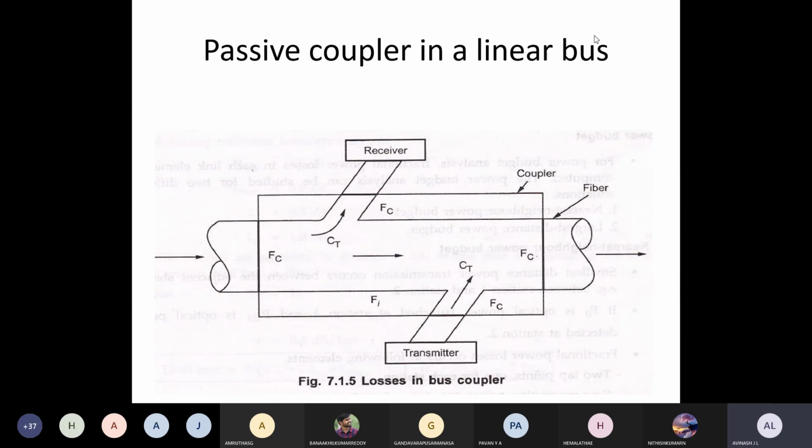Once you take this particular diagram, please let me know. Once you take this, we'll go to the next thing.